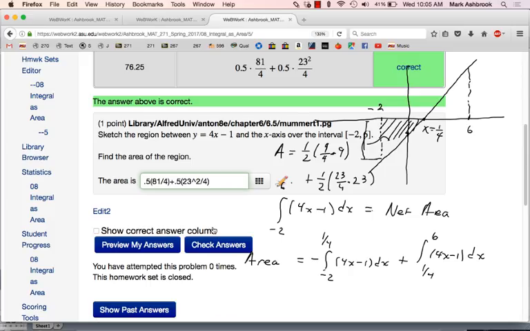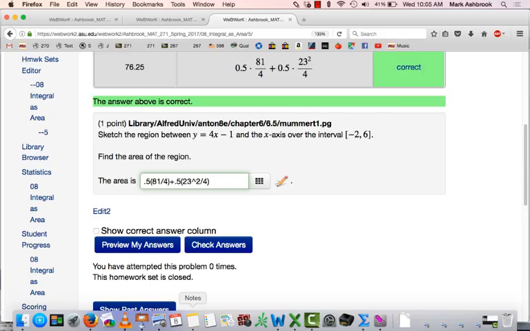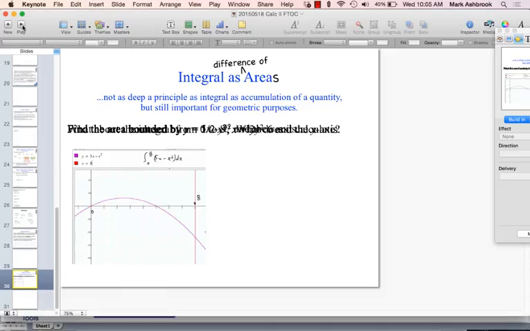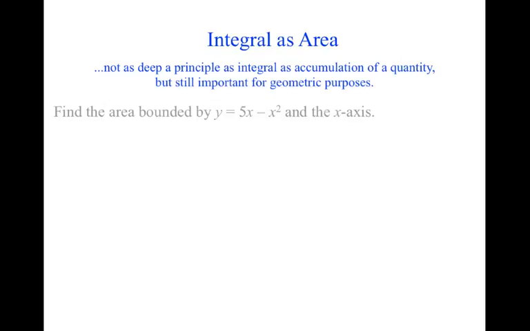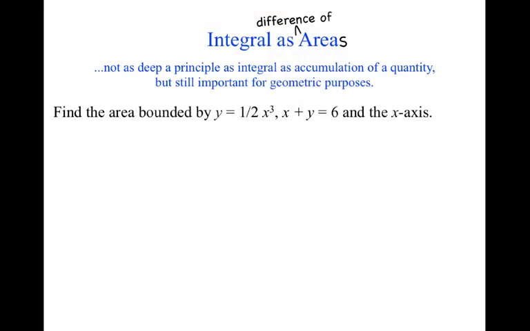Questions on this one? Okay, so let's look at some more examples, some more issues that come up with these different problems. I think we left off last time with this one. Did we finish it?